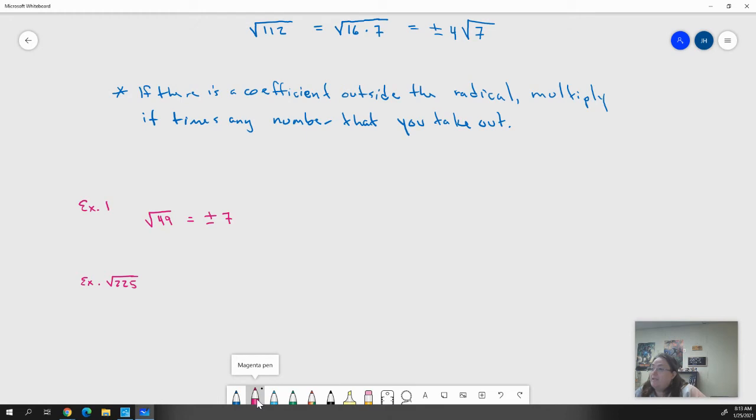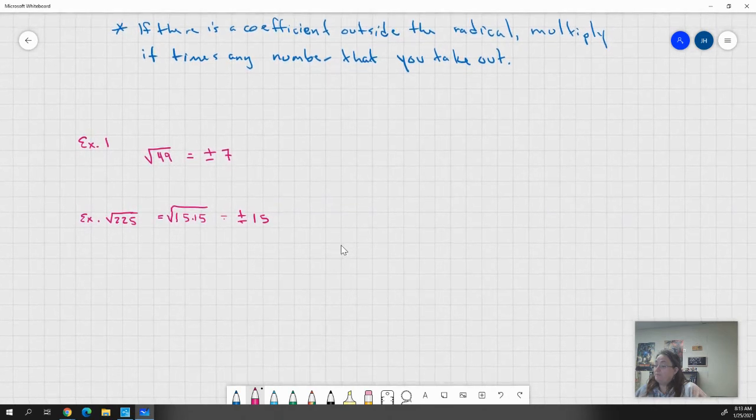I could look at that and I could go, okay, well, I know that that is 15 times 15, right? That's the square root of 15 times 15. In which case I can just go, this is going to be plus or minus 15. And is it always going to be that easy? Heck no, it's not, right?